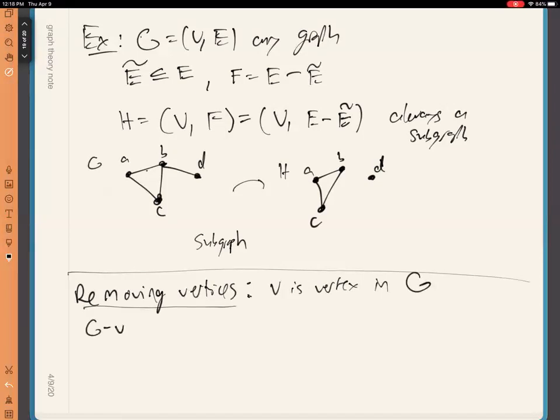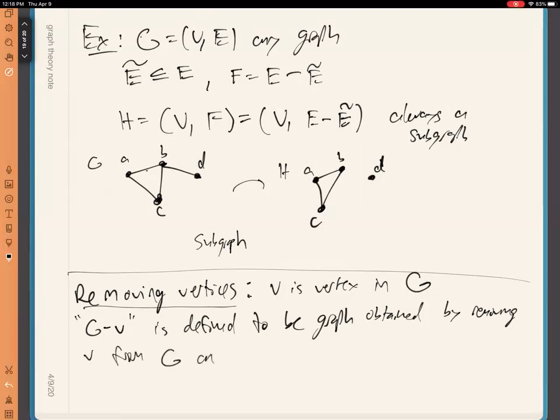So G minus the vertex V is defined to be the graph obtained by removing V, whatever the vertex V was, from G, and also removing all edges that are incident with V. You can't just remove the vertex if you want to make a subgraph. You have to also remove all the edges that connected it.